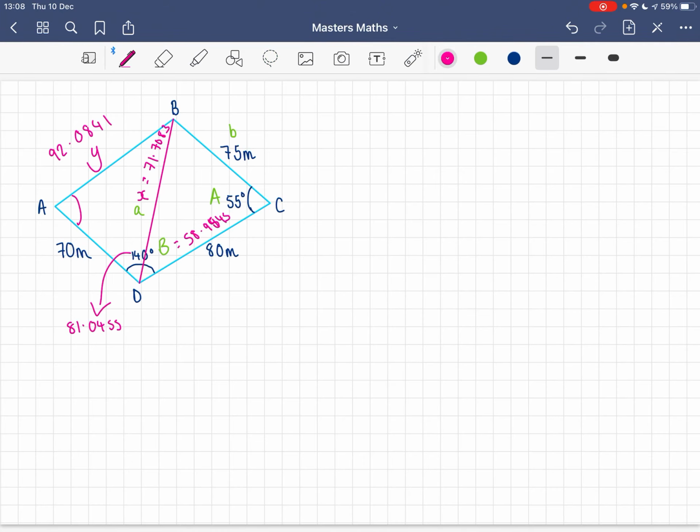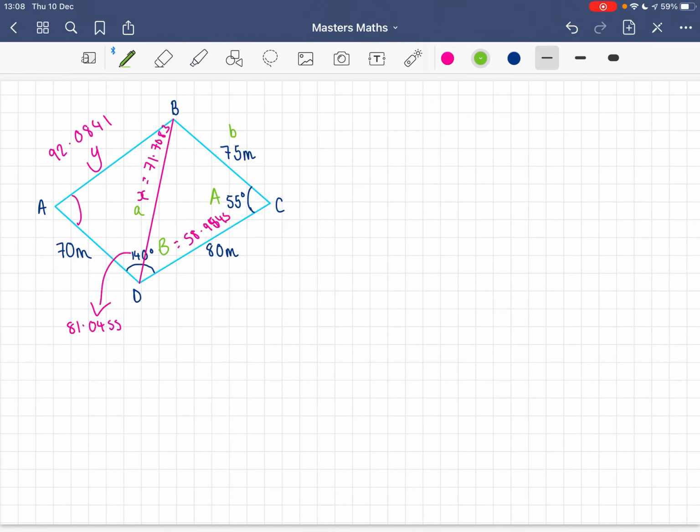On triangle BAD, on the left-hand side now, I now have all three sides. I have one of the angles. And again, that means I could use cosine rule or I could use sine rule here. I'm going to use sine rule because, again, I find that easier. So I'm not going to use green.